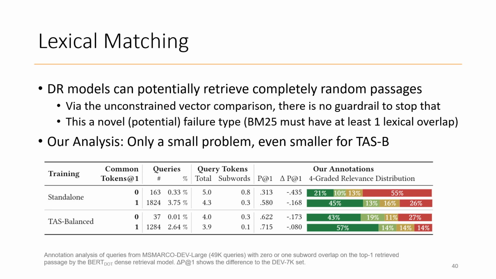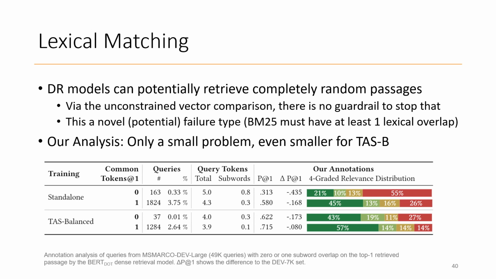For that, we looked at the large MS MARCO dev set with 50,000 queries, and we gathered all queries for a standalone trained and a TAS-Balanced trained dense retriever that have an overlap between query and passage tokens of the first retrieved passage of either 0, meaning absolutely no overlap, or only one subword.